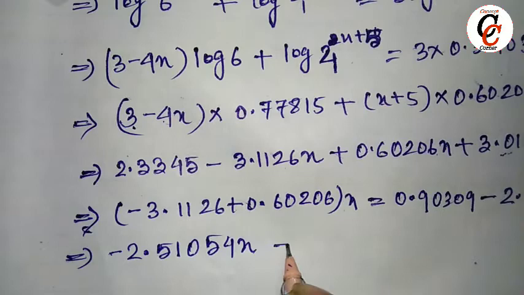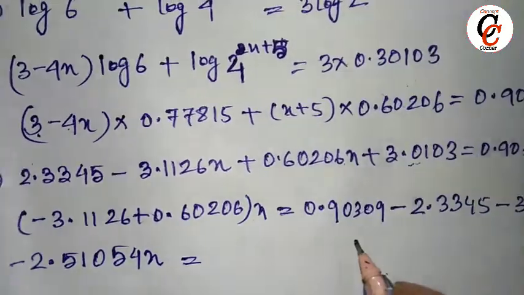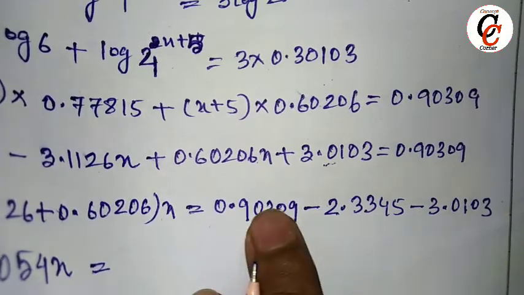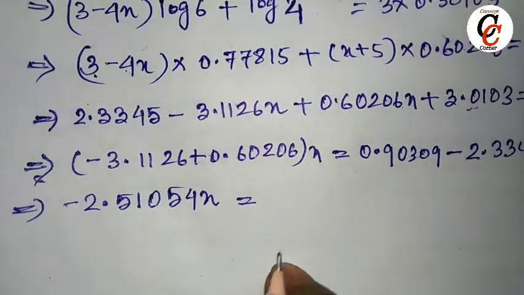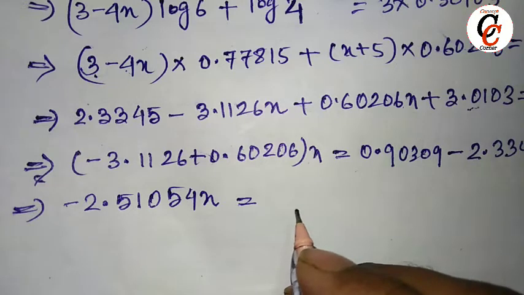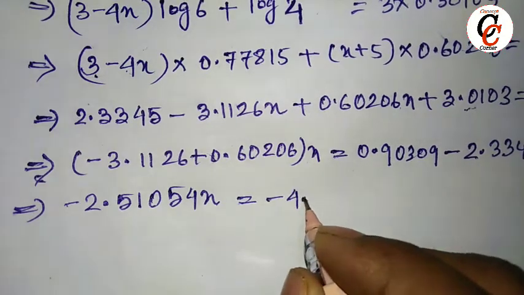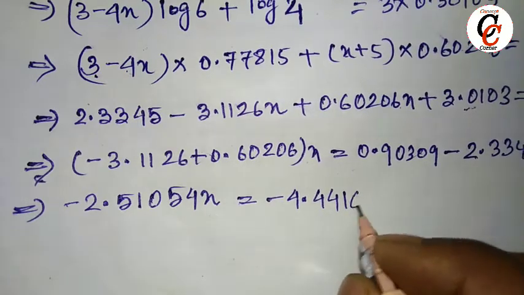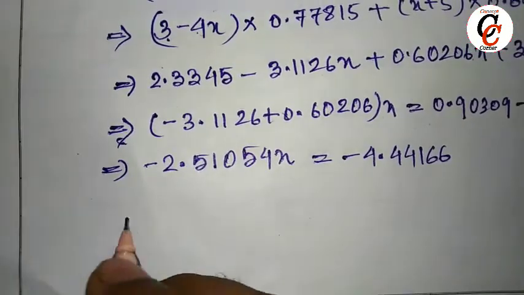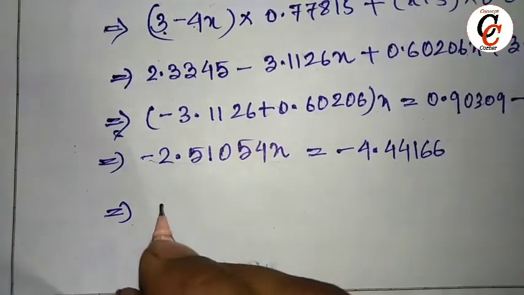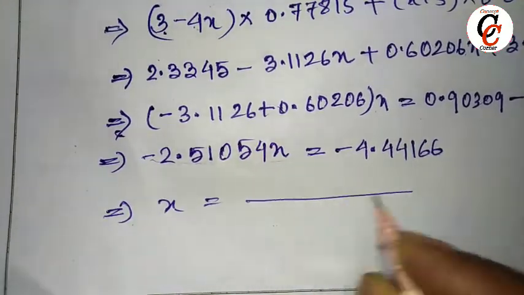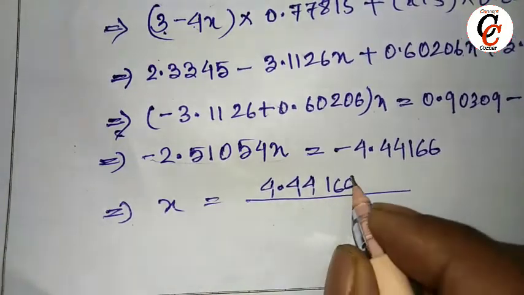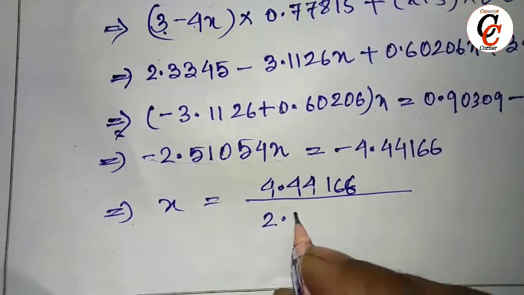Now see, after subtracting this value we get minus 2.51054x equal to, after solving these 3 values, minus 4.44166.